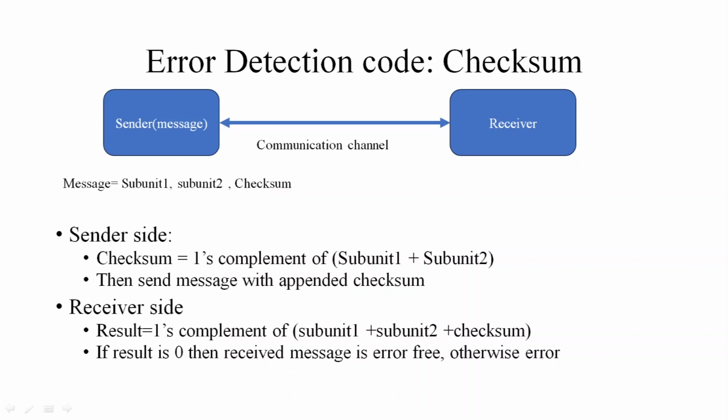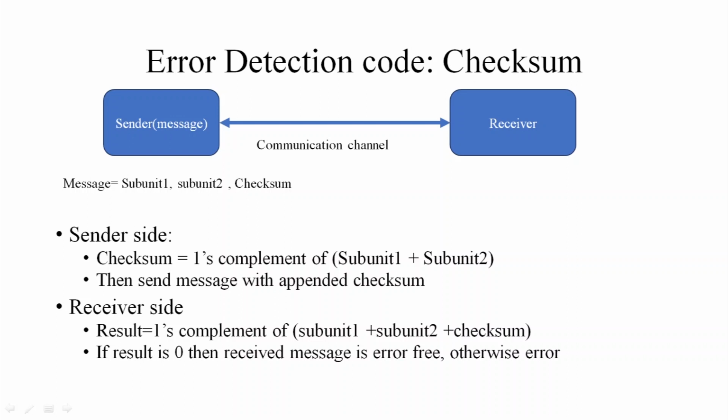So again, the sender computes the checksum, which is built into the sent message, and the receiver computes the checksum again. At the receiver end, if the value of the checksum is 0, this means the message arrived correctly; otherwise, there is an error present in the message.